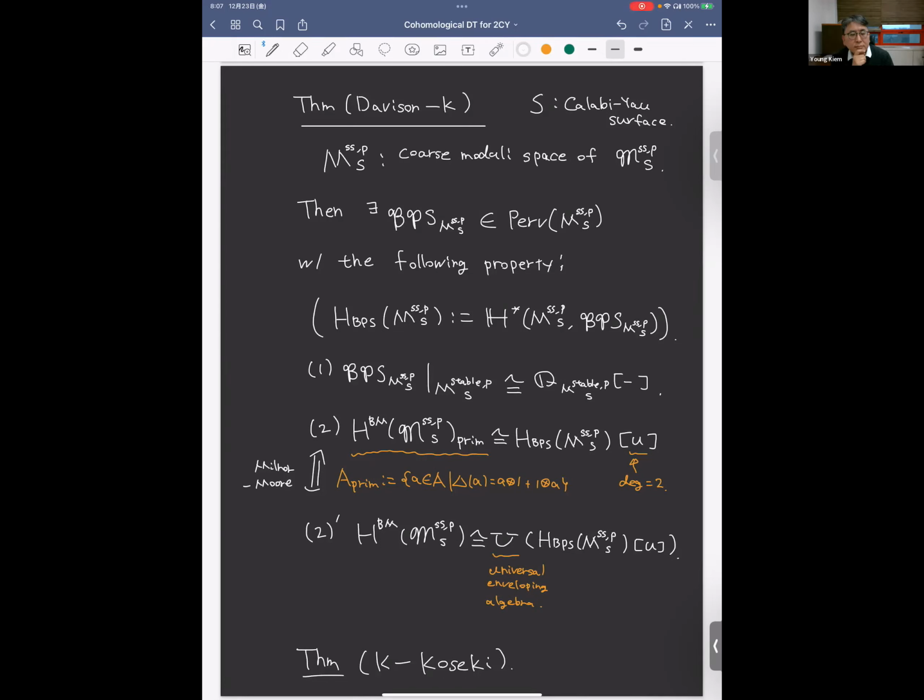It is a very important problem to understand the relation between the BPS cohomology and the stringy E-polynomial to formulate the topological mirror symmetry statement for arbitrary reductive groups. Thank you so much for the question.